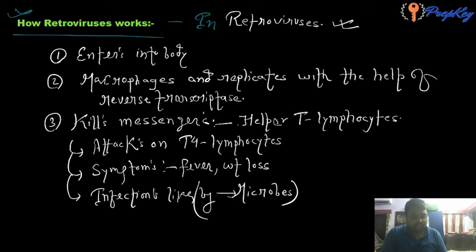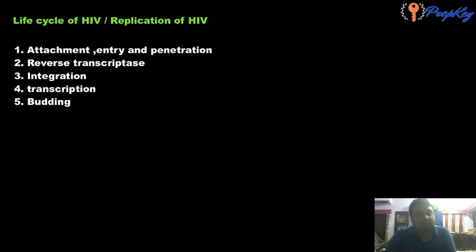Now let's discuss how the life cycle of HIV, or human immunodeficiency virus, works and how they replicate. That's the most interesting part here. Let's assume this is our HIV, and they have the receptors with it.